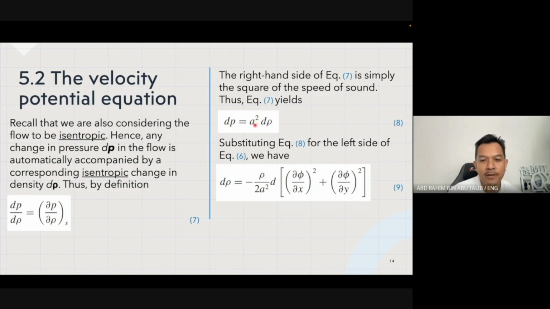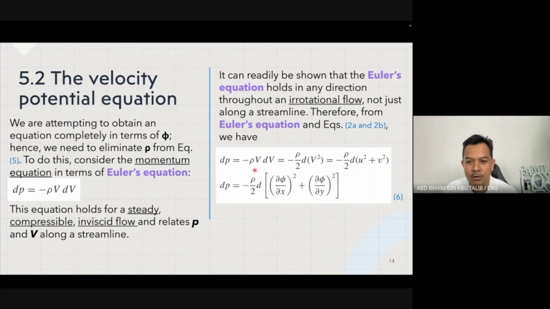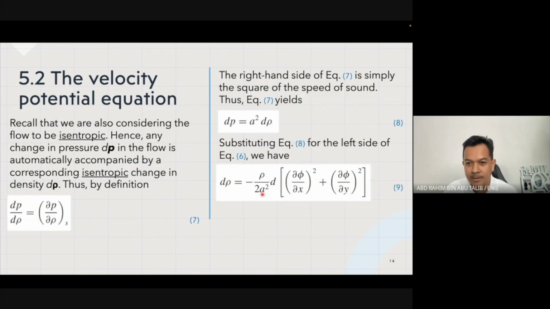So we then rearrange it, dP equals A squared d rho, to be equation number 8. And then we want to substitute equation number 8 into the left hand side of equation 6. So earlier we have equation 6 over here, right? So we want to change this one, where we now have equation number 9.